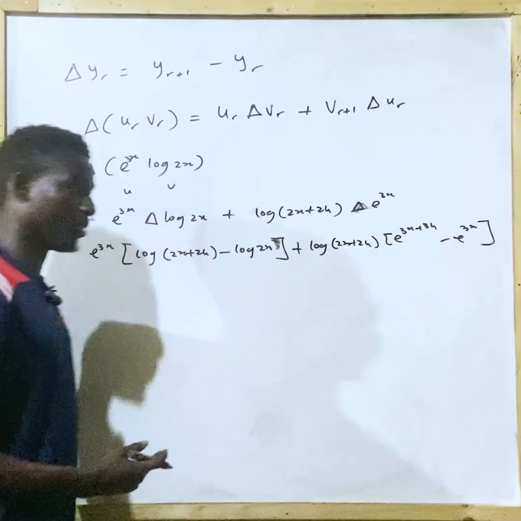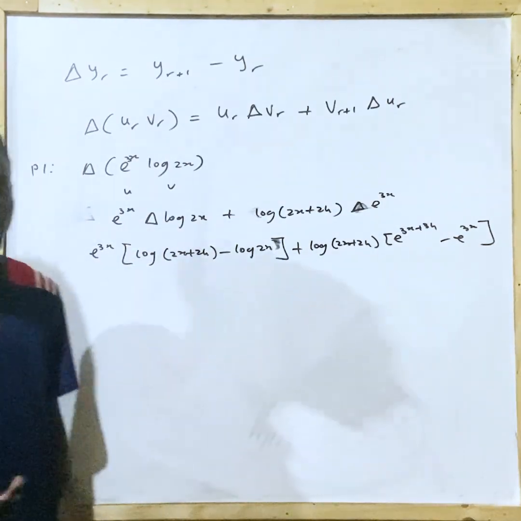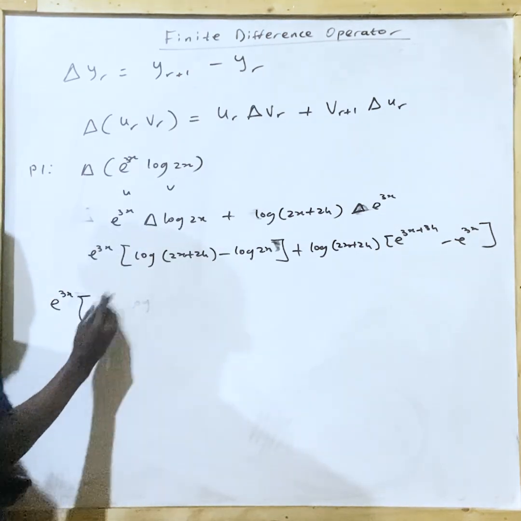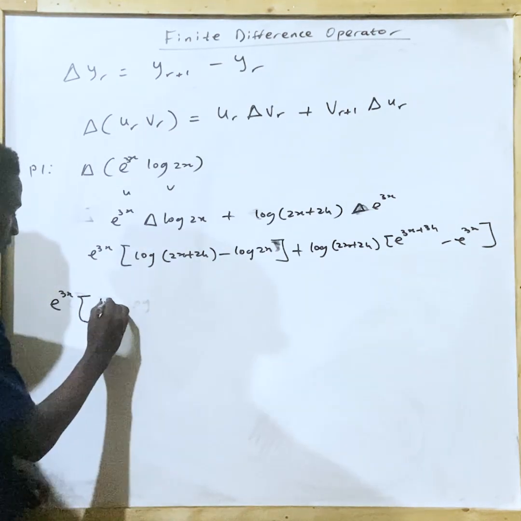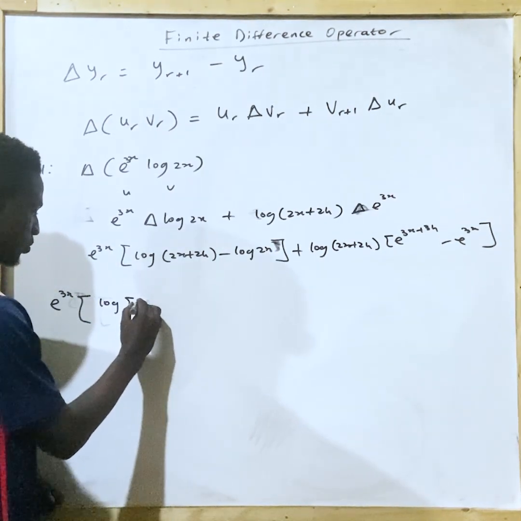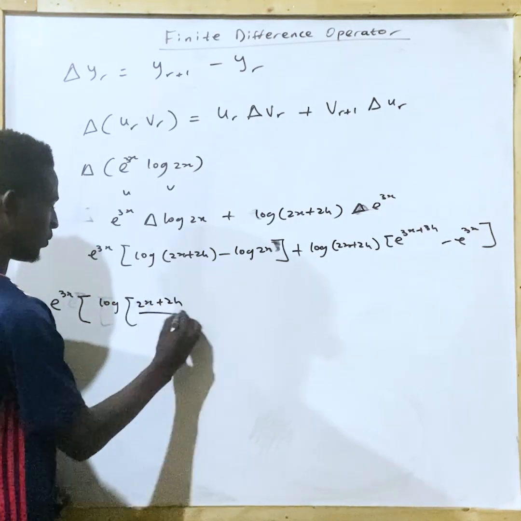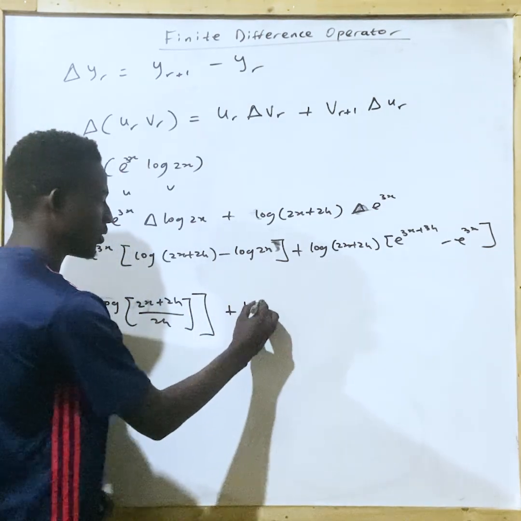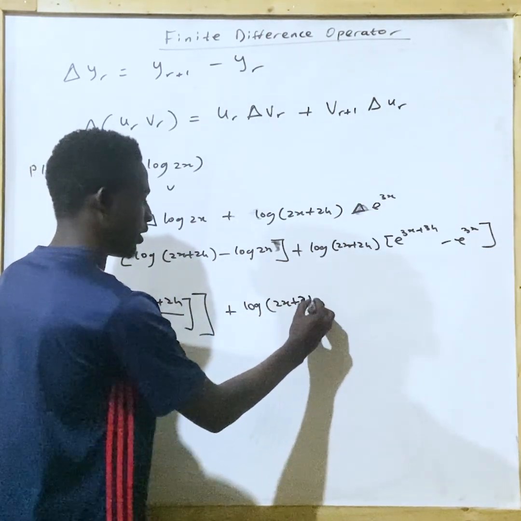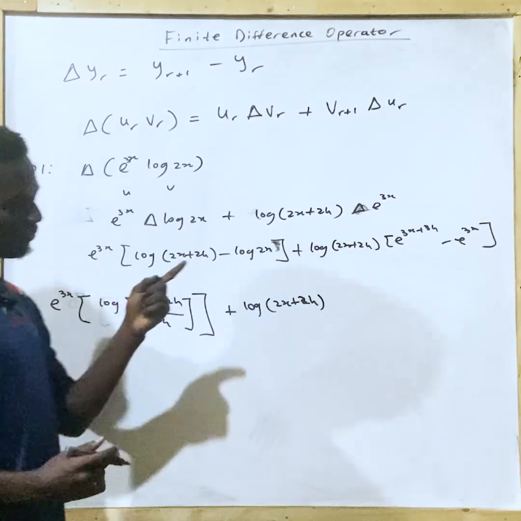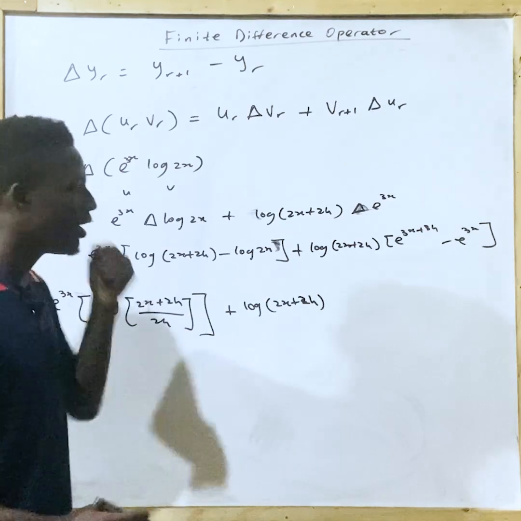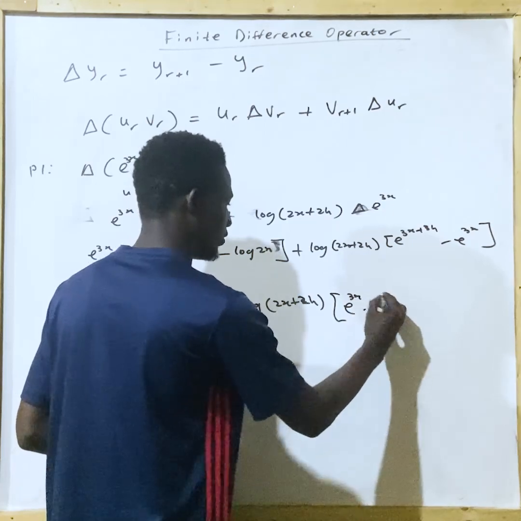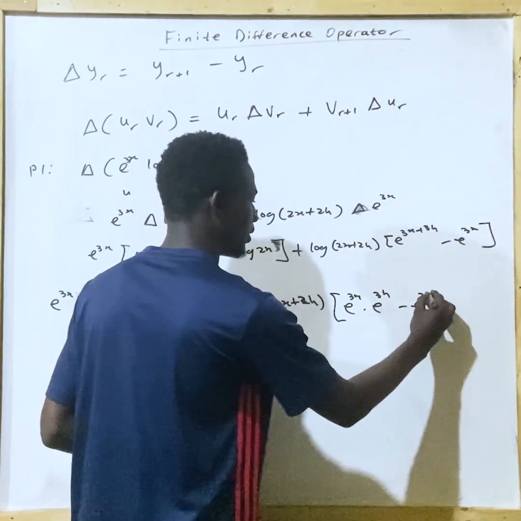So basically you can leave your answer like this, or you can simplify further to the best of your abilities. Here we have e raised power 3x. Since this is a logarithmic function, they can divide each other, and you have log in brackets 2x plus 2h over 2h, close the bracket, plus log 2x plus 2h. Then you can factorize this. This is an exponential function, so I can express this as e raised power 3x dot e raised power 3h minus e raised power 3x.